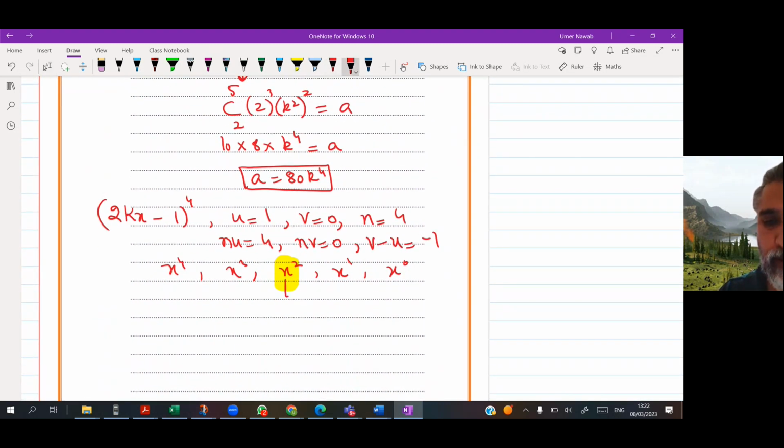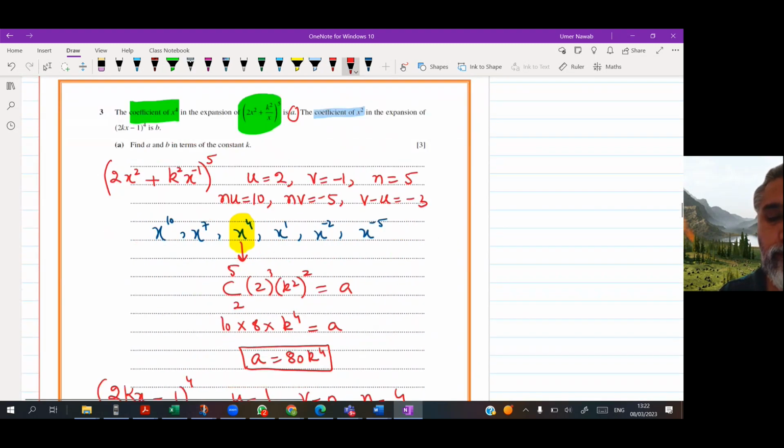He's looking for x squared, so I'm going to write here 4C2 times 2k squared times minus 1 squared. Don't forget this minus 1. He said it is equal to b.